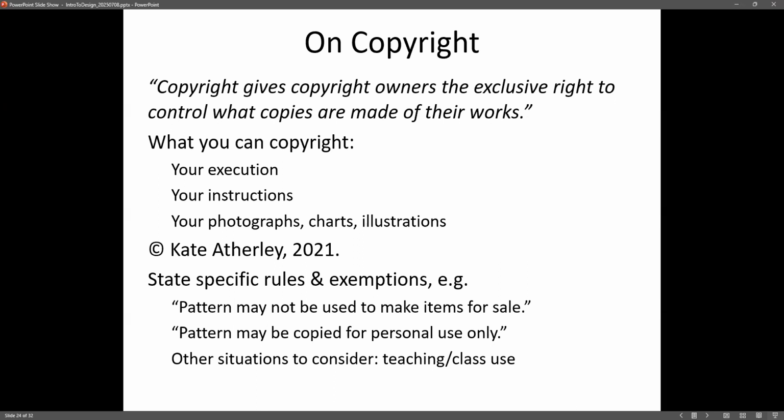Pattern may be photocopied or copied or scanned for personal use only. Yeah. Which is to say, please don't go photocopying and handing it out to everybody you know. And some designers might put language around teaching, such as may not be used for a class, or can be used for a class under certain conditions, seek a license, what have you. Yeah, all of that stuff.